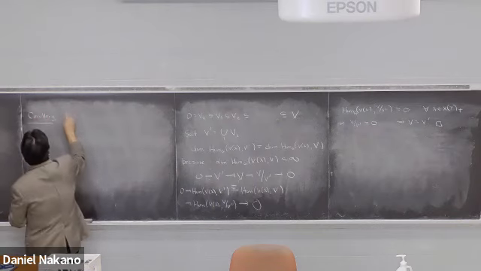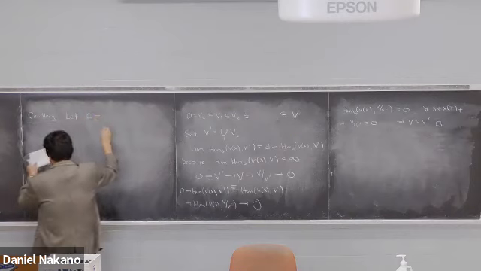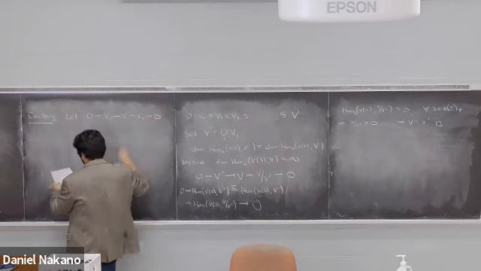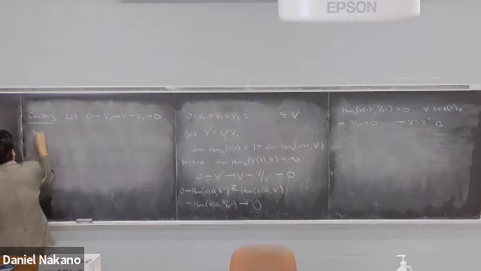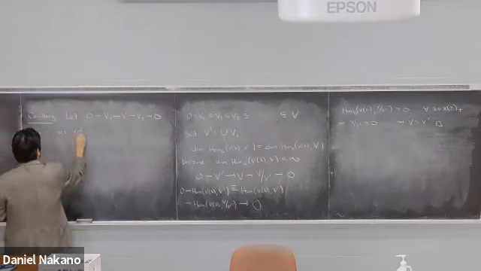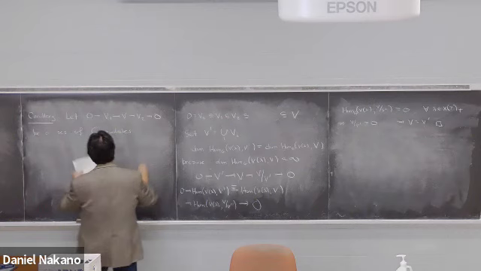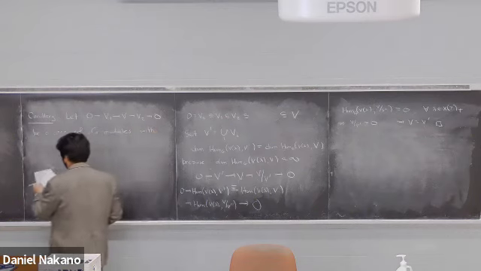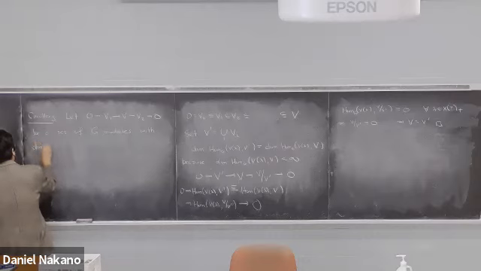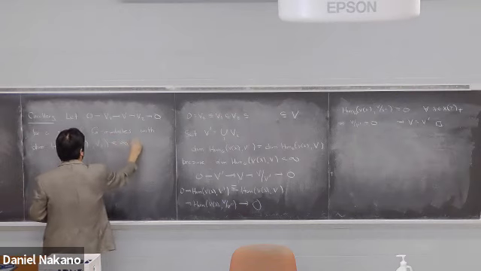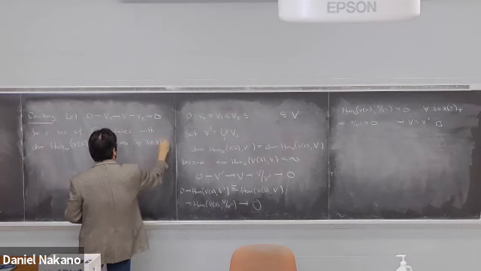Let 0, V1, V, V2, 0 be a short exact sequence of G modules, with the dimension of Hom_G of V lambda, V2 finite dimensional for all lambda in X+.